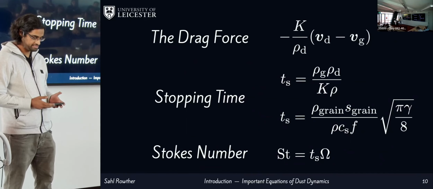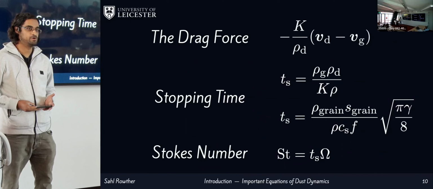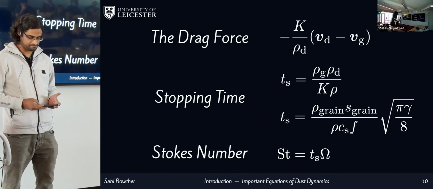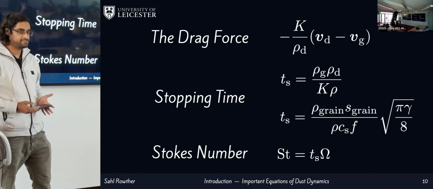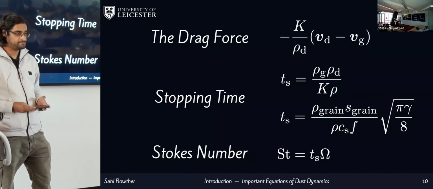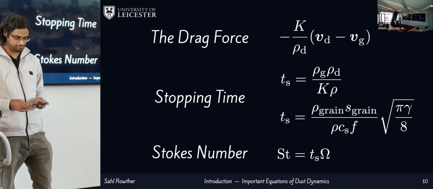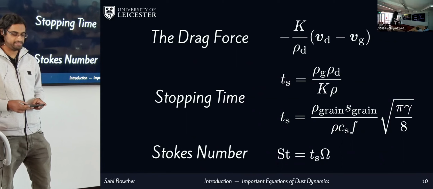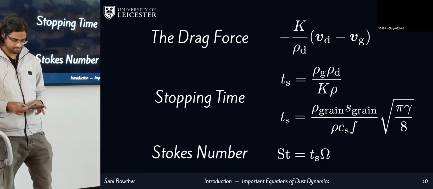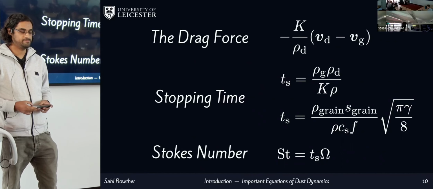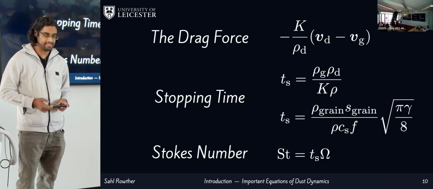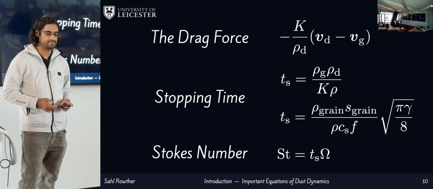And the third is the Stokes number, which is the ratio of the stopping time to the orbital timescale. The important thing here is that the drag force depends on the grain size and the velocity difference between the dust and the gas. Small grains have a short stopping time, and so couple to the gas extremely quickly. And you can see that the drag force will be less efficient for larger grains.